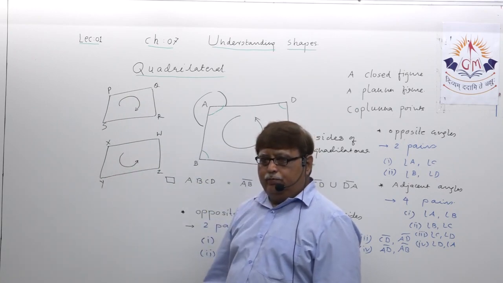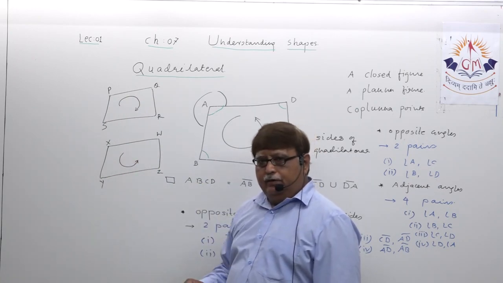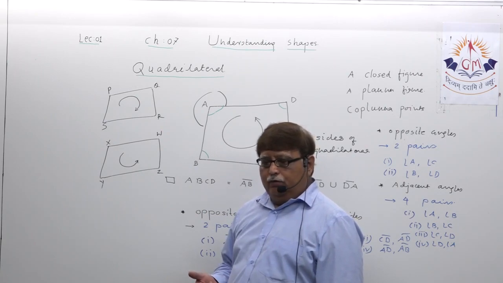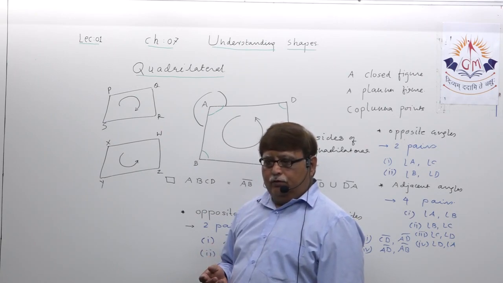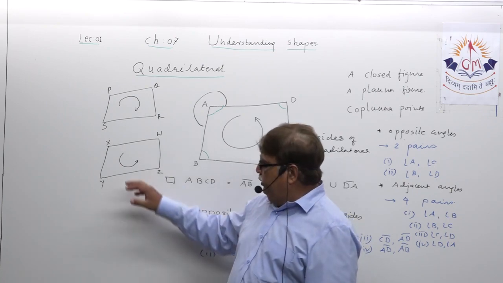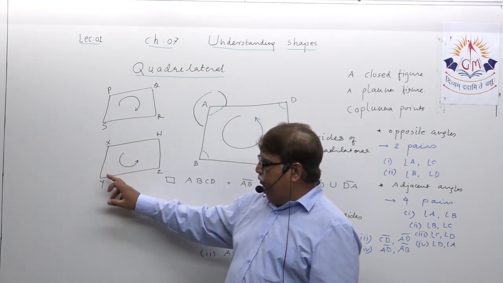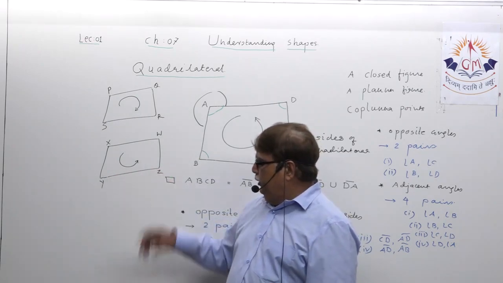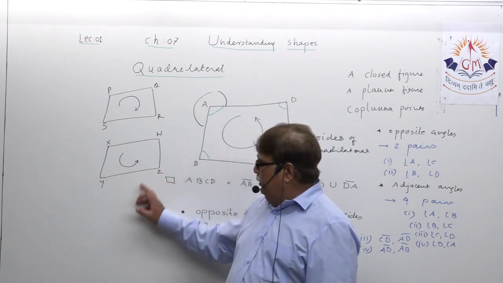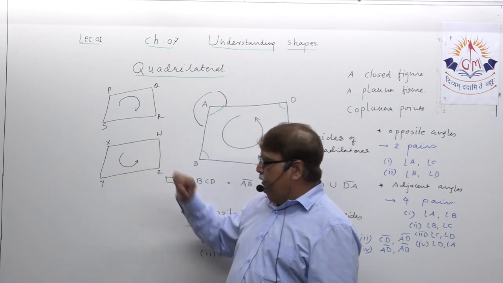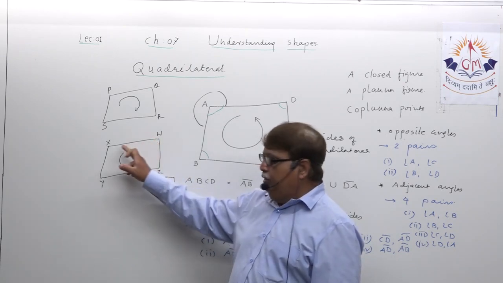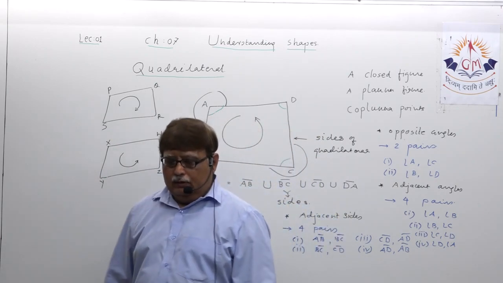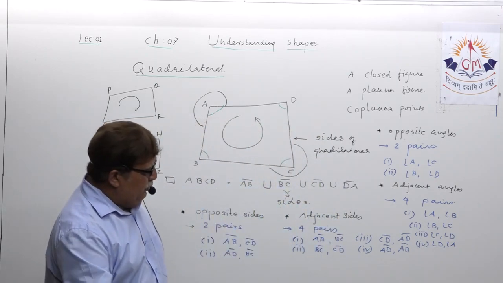Suppose in this particular quadrilateral, speak the four pairs of adjacent angles: angle X and angle Y, angle Y and angle Z, angle Z and angle W, and angle W and angle X. Four pairs of adjacent angles.